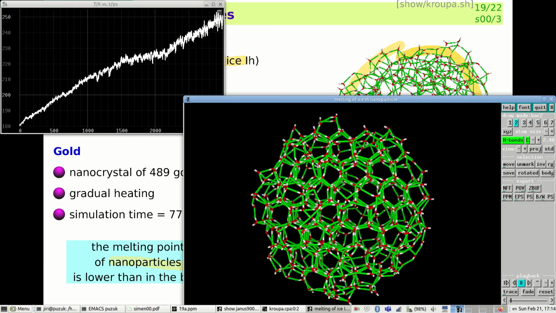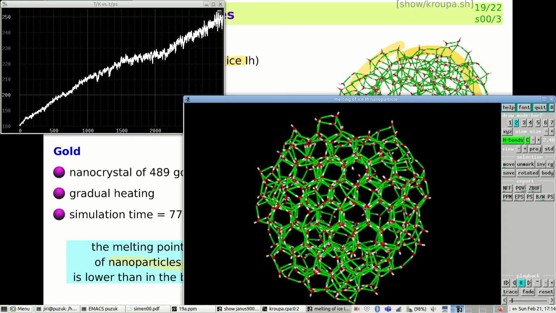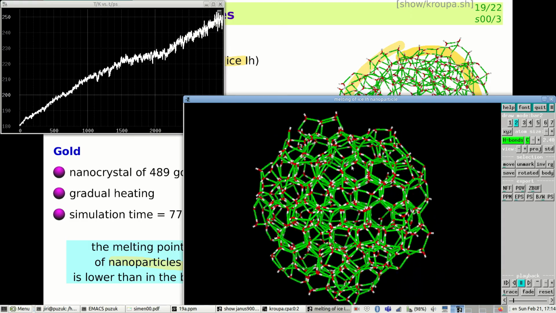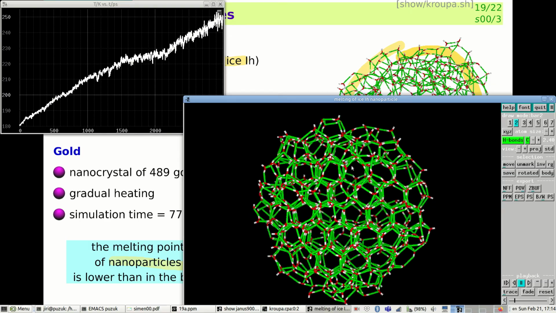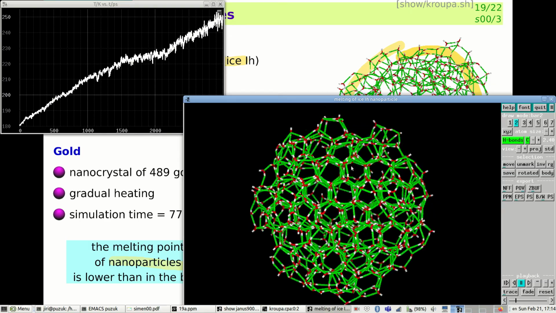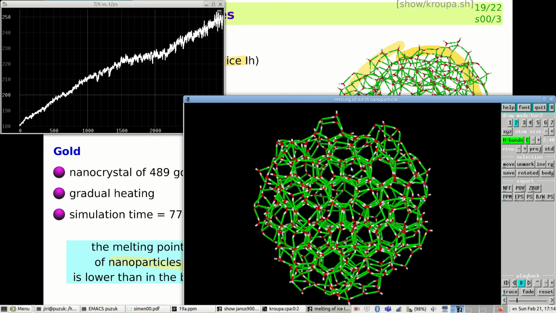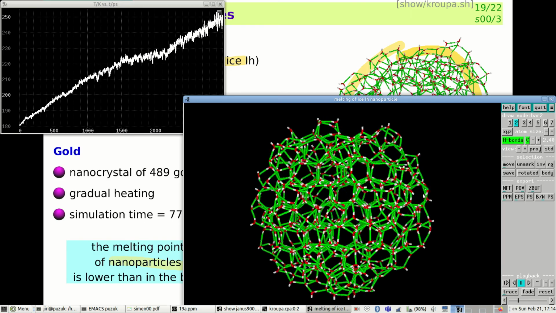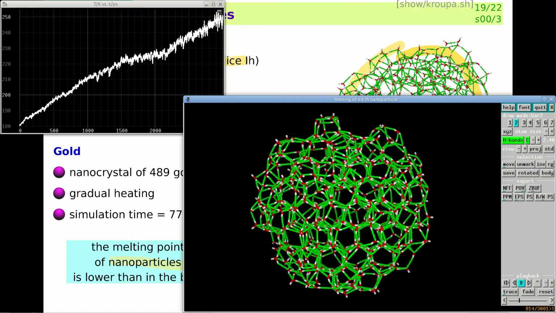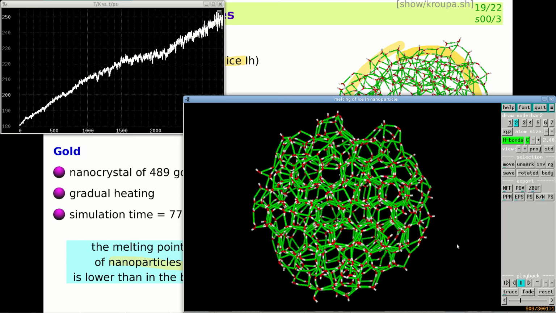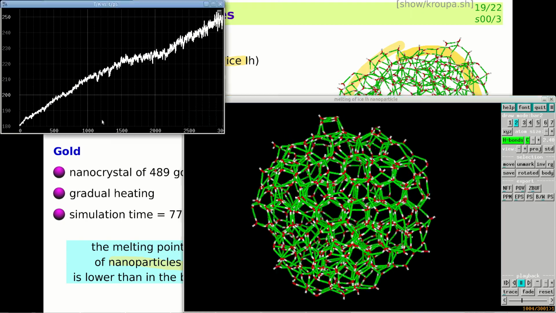You can see here on this simulation, red are oxygens, white are hydrogens, and green are hydrogen bonds. And the number that you see in this corner corresponds to the number that is here.